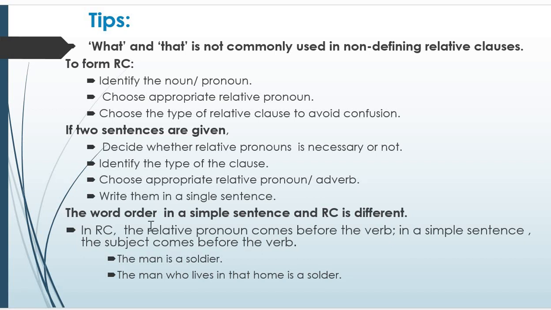The word order in a simple sentence and a relative clause is different. Usually, we write a sentence like: the man is a soldier, subject, verb, object. But in the case of relative clauses, the relative clause comes before the verb is, as you have seen here.